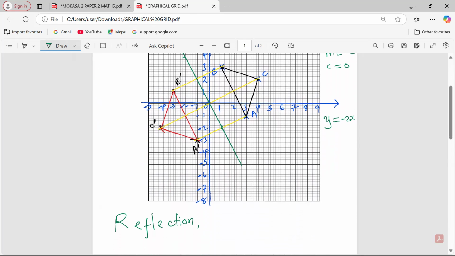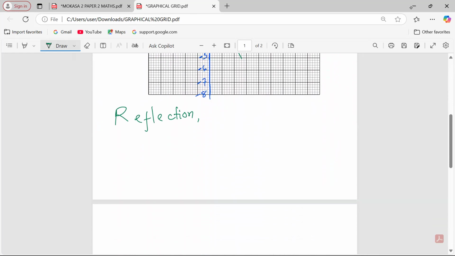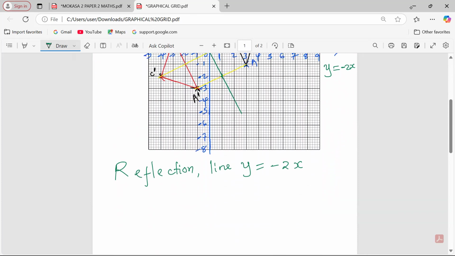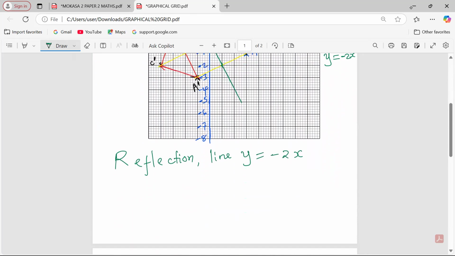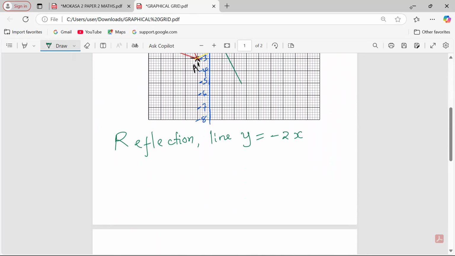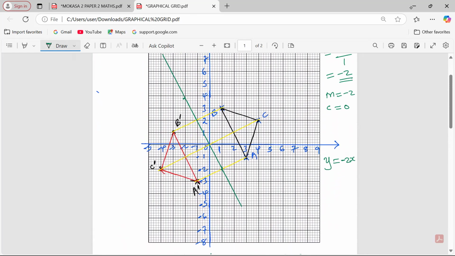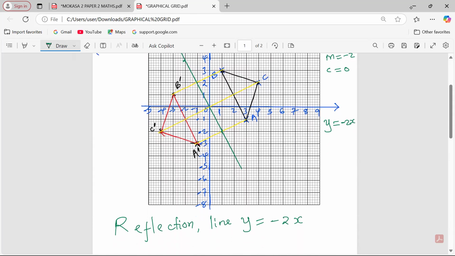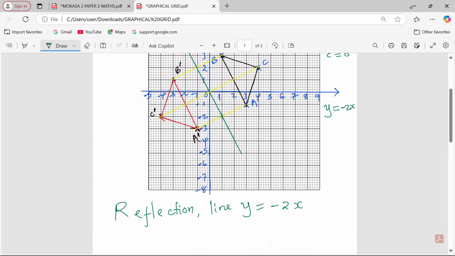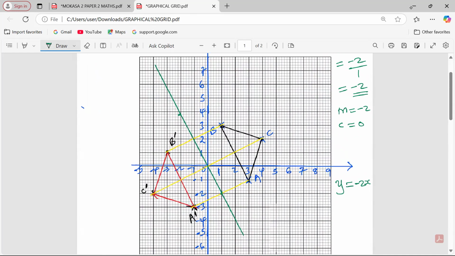So y equals -2x. We should be having plus a certain y-intercept, but the y-intercept from the graph is 0. So this is the line. So you identify the mirror line, and you mention that it is a reflection. So it's a reflection in the line y equals -2x. That's how you describe it.